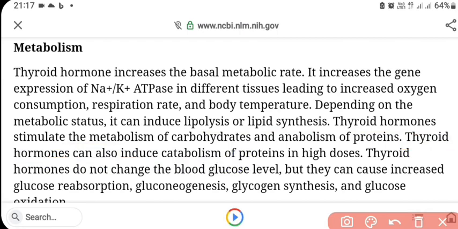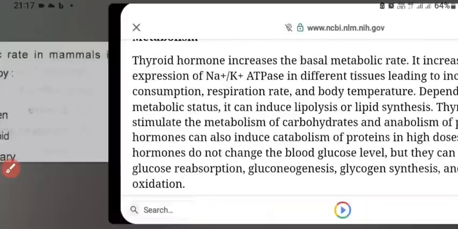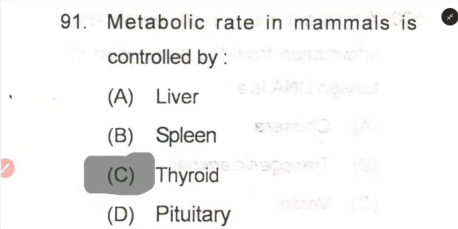Thyroid hormones do not change the blood glucose level, but they can cause increased glucose reabsorption, gluconeogenesis, glycogen synthesis, and glucose oxidation. So all these things happen with thyroid hormones.